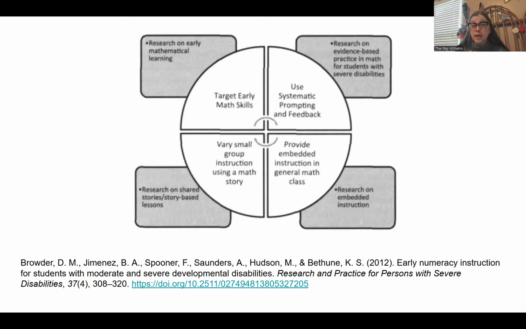But we also can embed their IEP goals or skills they're still working on. Again, counting with one-to-one correspondence, identifying equal to, all of those can be embedded into more complex math standards. And then finally, making sure that we vary small group instruction using story-based lessons. So you might say to me, Ty, what is a story-based lesson? Well, guess what? We're going to look at it now.